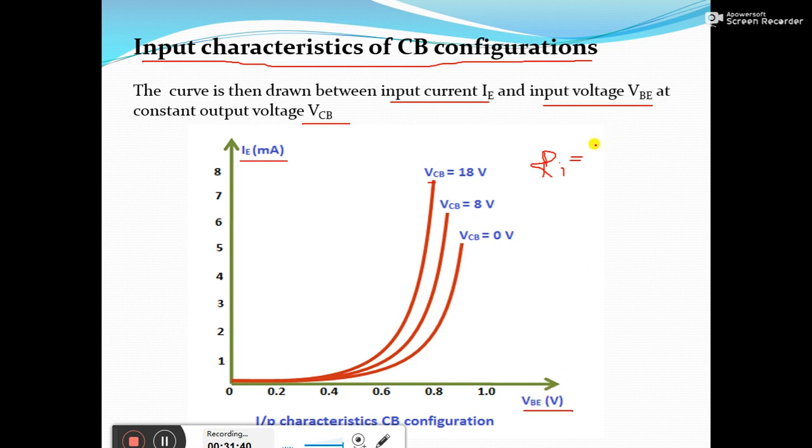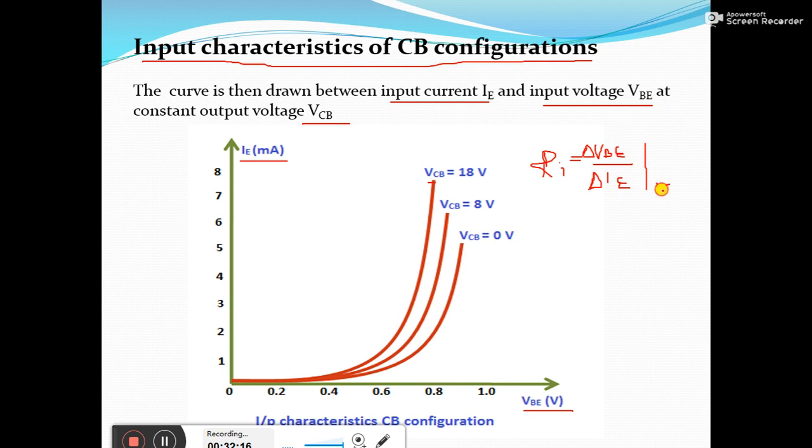Here the voltage is VEB and the current is IE. Input resistance is the ratio of change, so you have to prefix it with delta: the ratio of change in emitter to base voltage to the resulting change in emitter current at constant VCB.